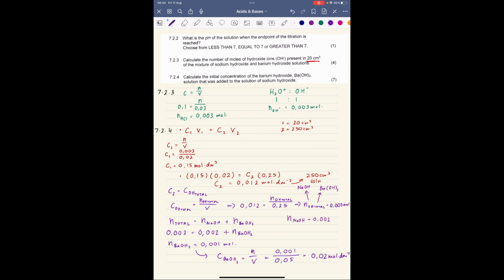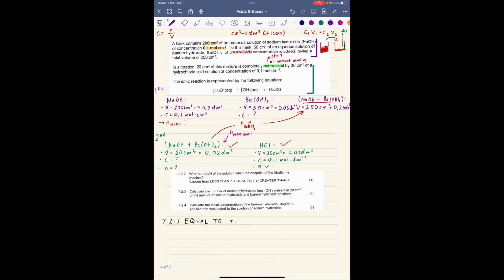So let's review what was done. What we first did for 7.2.3 was we found out the amount of hydroxide ions present in 20 centimeter cube from the second equation by using the moles from the HCl that's given. We use these moles, use the mole ratio to find the OH by using this reaction.